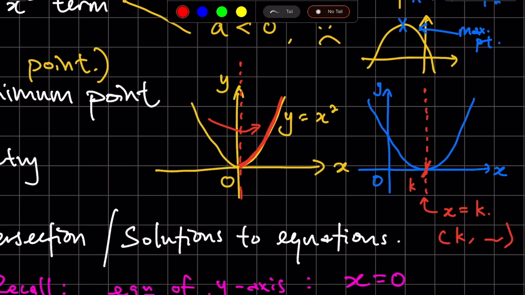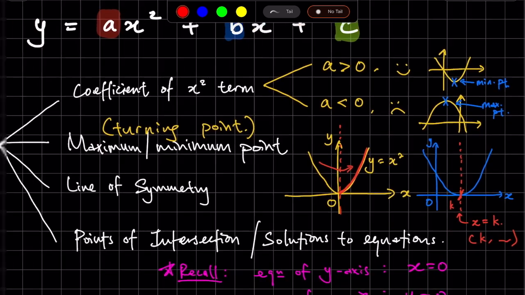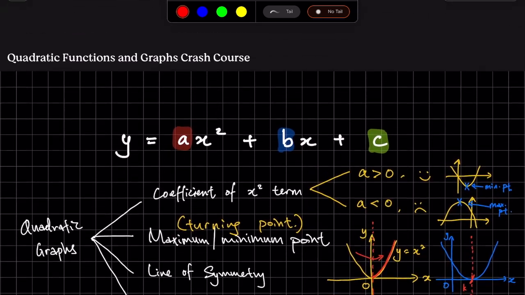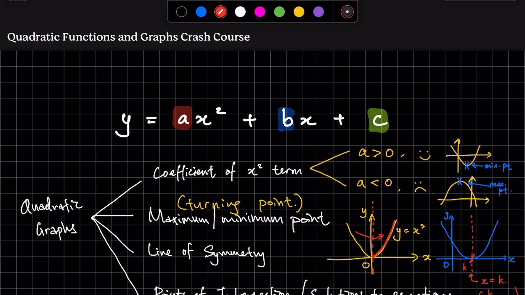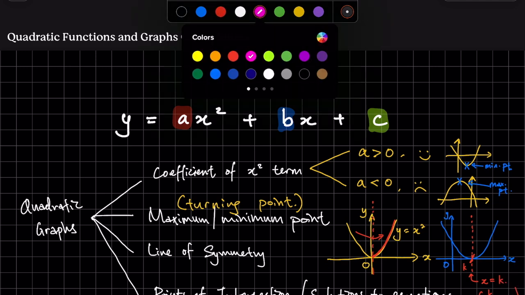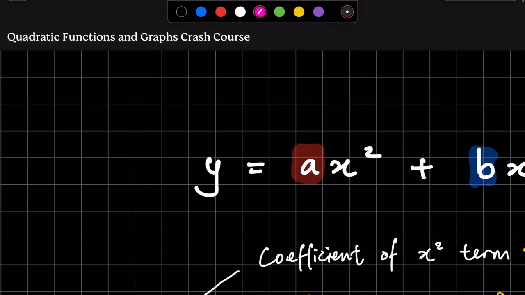Now what about slanted lines, not vertical, not horizontal, other kinds of lines? That one you have learned before in your linear graphs: y equals mx plus c. I'm just going to write it down at the top left corner to recall linear functions and graphs.